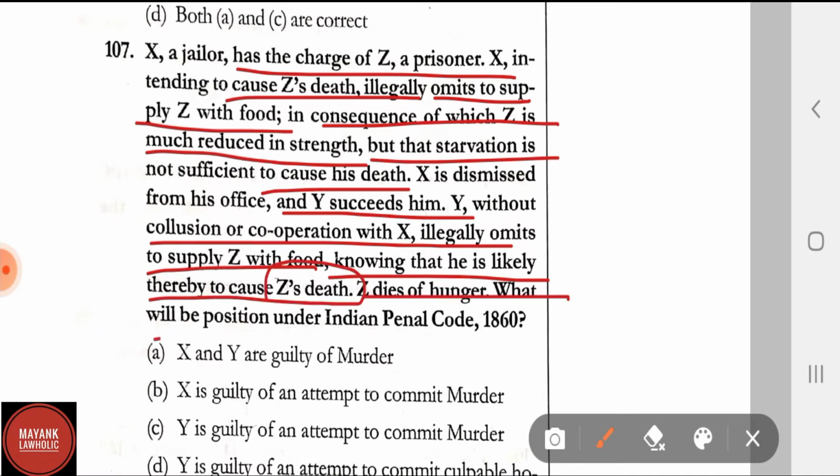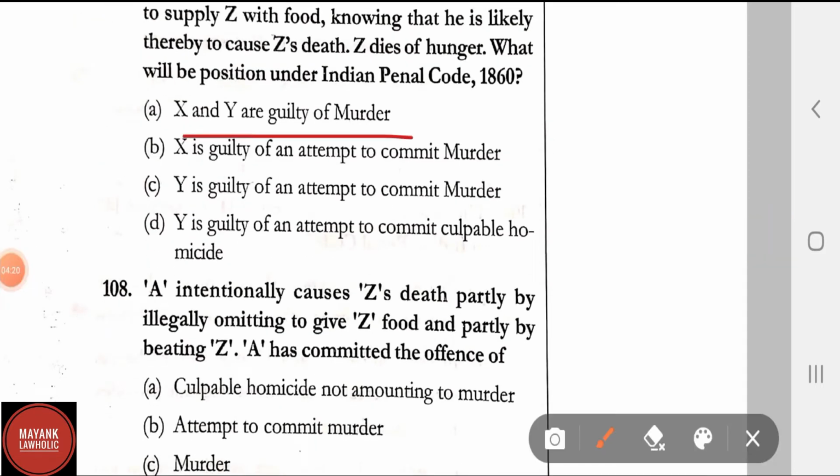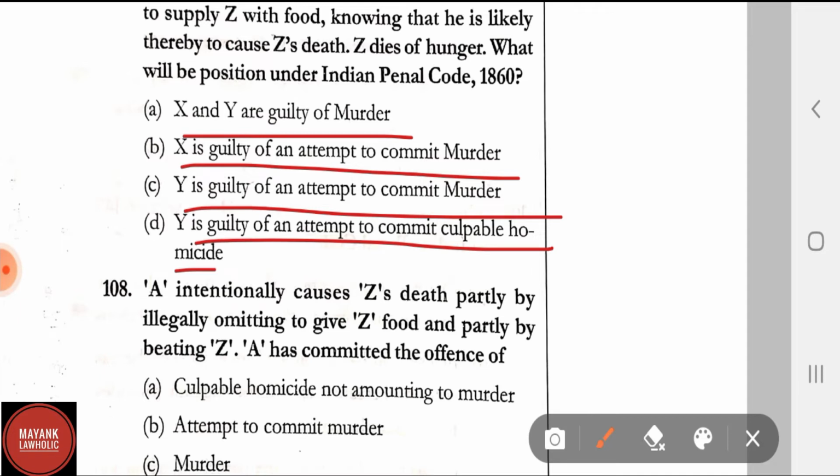Z dies of hunger. What will be the position under IPC 1860? Options are A, X and Y are guilty of murder. Option B, X is guilty of an attempt to commit murder, and option C, Y is guilty of an attempt to commit murder, and option D, Y is guilty of an attempt to commit culpable homicide. Here the correct answer is option B, that is X is guilty of an attempt to commit murder.